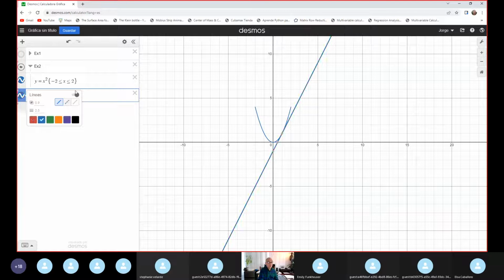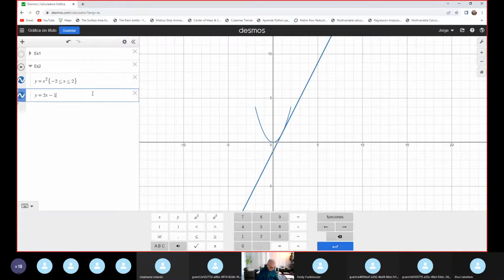Blue. And don't forget the condition, the restriction, which is curly bracket x greater than 1, no? No, 2, it's 2, no? It's 2, yes. X greater than 2.